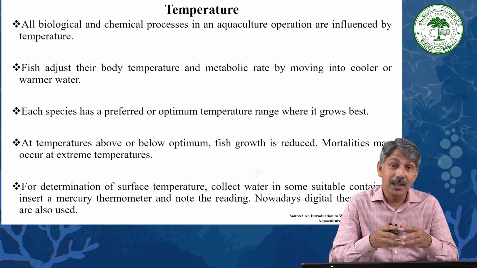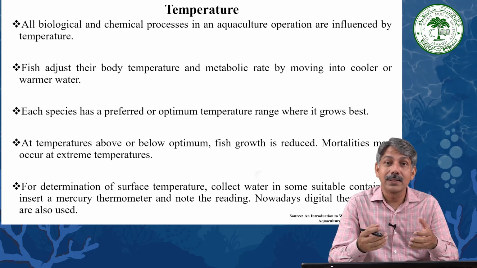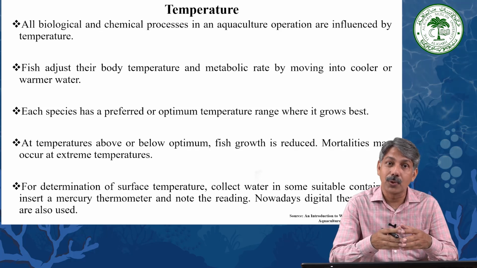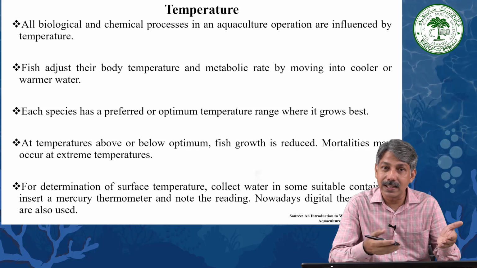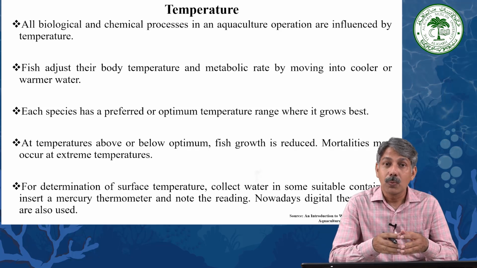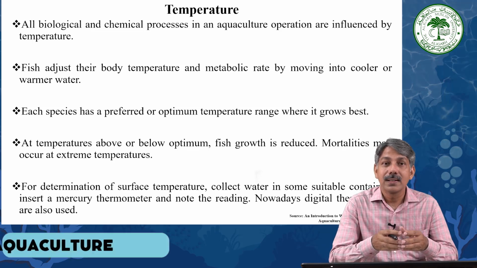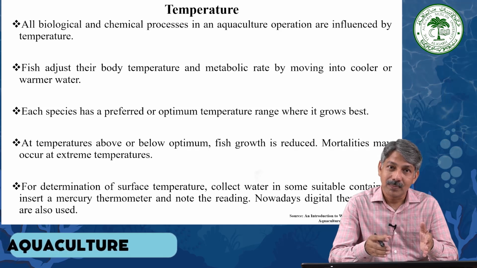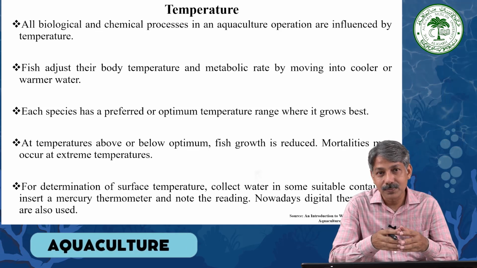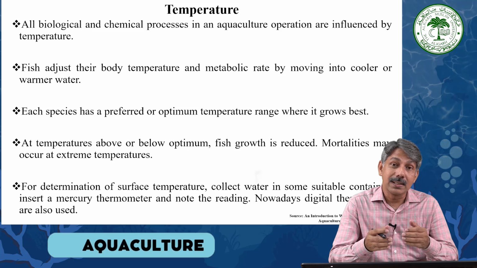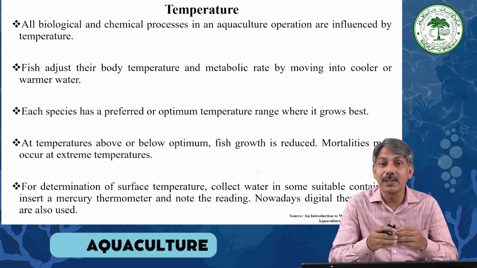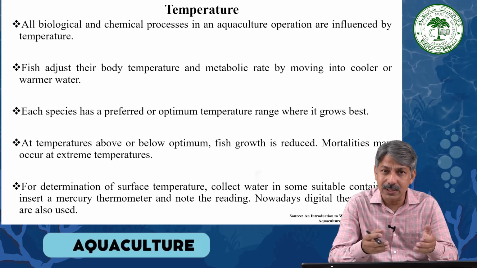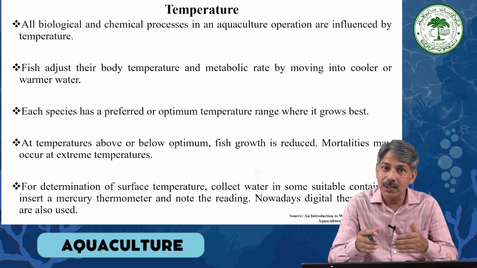For example, if you are doing fish culture in warm waters, in regions like nearby Aligarh, Delhi, or the northern part, we experience very harsh winter conditions and harsh summer conditions as well. During winter, because the fishes are habitual of living in warm water, they are called warm water fishes. For example, Indian major carps, katla, rohu, and mrigal.